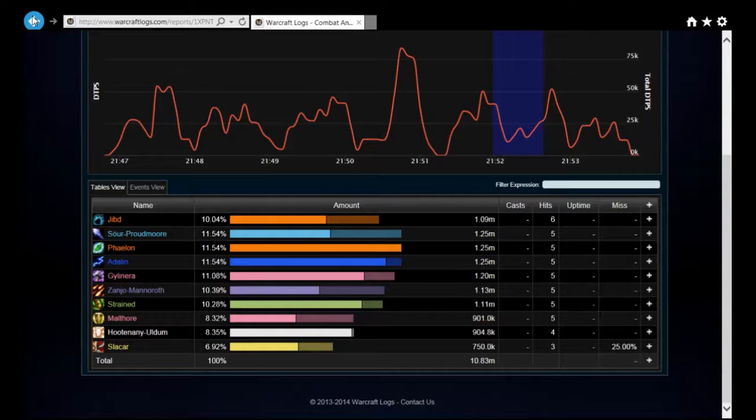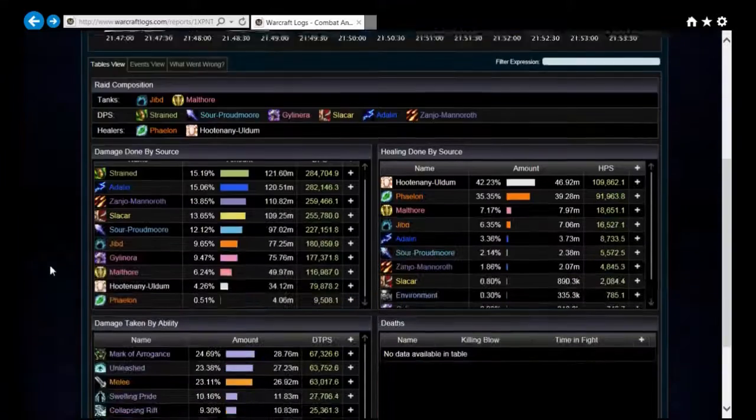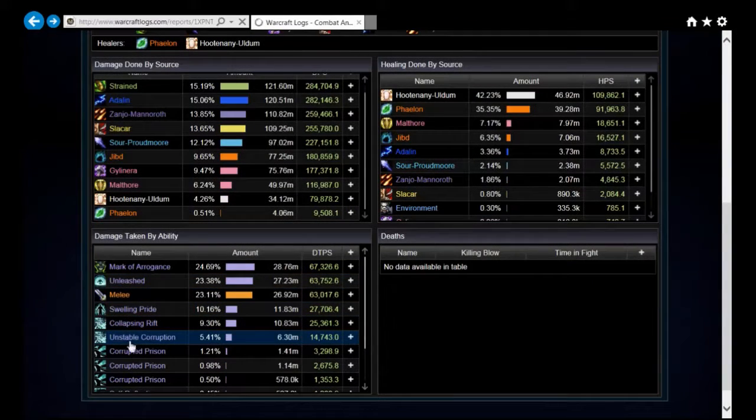All right, so I'm going to go back to the damage taken by source again. And now I want to look at unstable corruption. Unstable corruption is the explosion that the rifts send out, the black puddles on the ground that you're supposed to move out of.